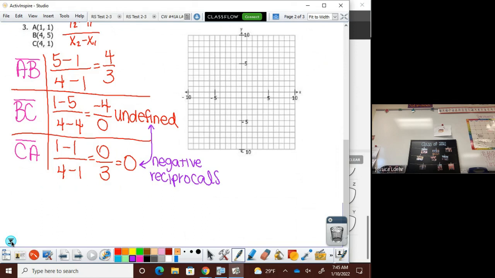So since those are negative reciprocals, we're going to say BC is perpendicular to CA, since their slopes are negative reciprocals.